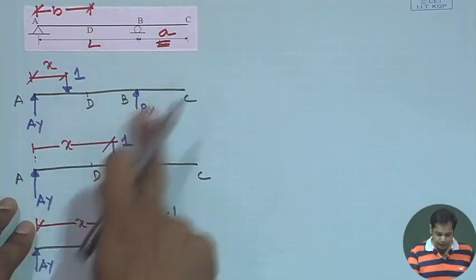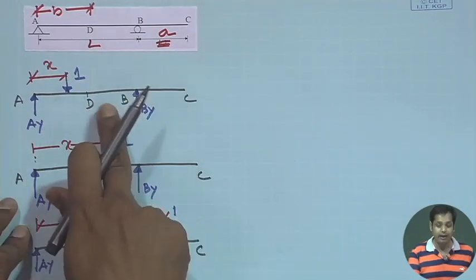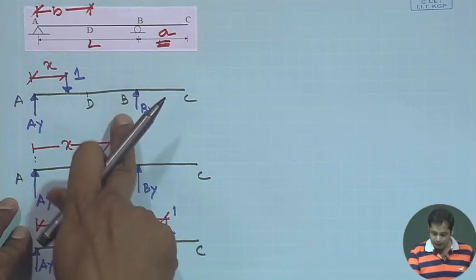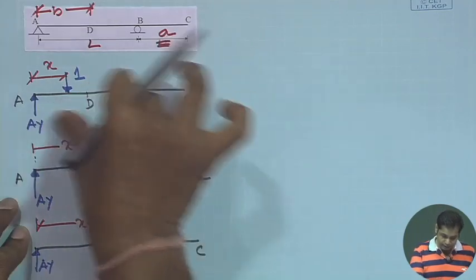So, individually we can find the reactions by applying equilibrium conditions. We can determine the reactions AY and BY in each case.